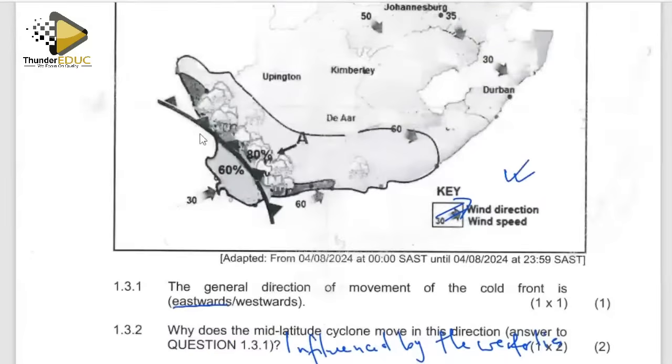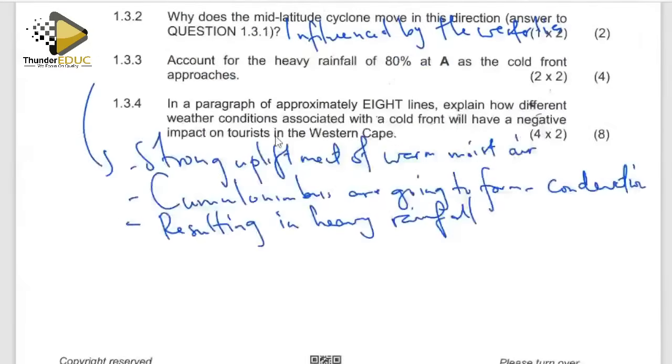It's because the advancing cold front, as it advances towards the east, is going to cause upliftment of the warm and moist air, and that warm and moist air is going to reach dew point. The moisture will start to condense, forming towering clouds, and those clouds are likely to produce very heavy rainfall. Right, we move on to the next question.